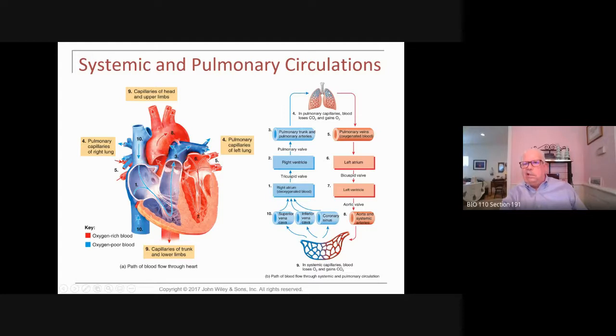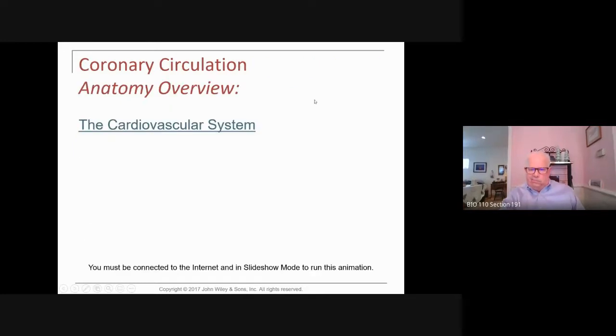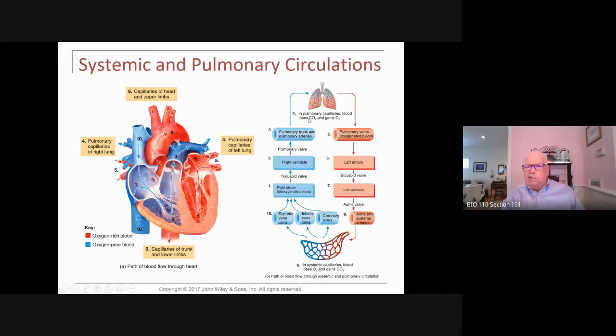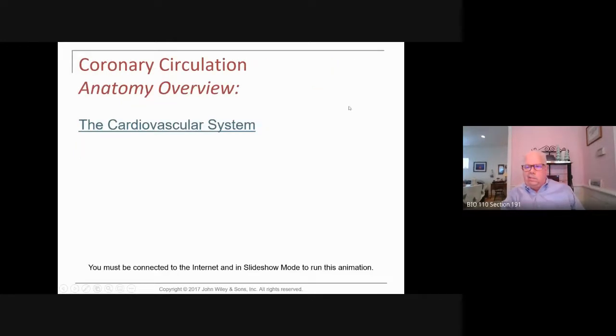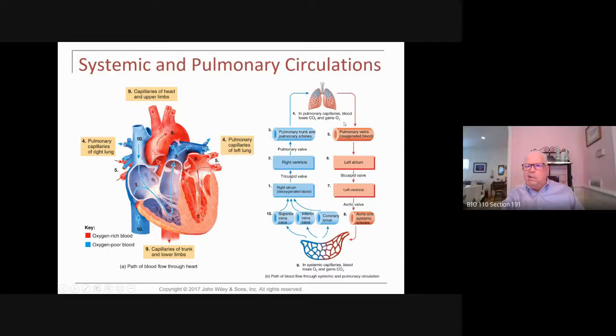Once it gets into the lungs, it loses carbon dioxide and gains oxygen. It is now oxygenated blood. The lungs put the oxygenated blood into the pulmonary veins. The pulmonary veins put oxygenated blood into the left atrium.